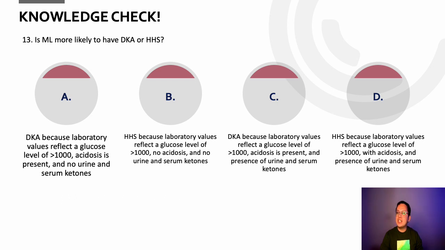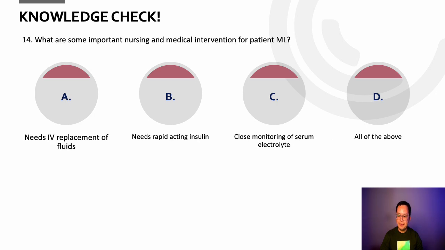B. HHS because laboratory values reflect a glucose level of greater than 1000, no acidosis, and no urine and serum ketones. C. DKA because laboratory values reflect a glucose level of more than 1000, acidosis is present, and presence of urine and serum ketones. D. HHS because laboratory values reflect a glucose level of greater than 1000 with acidosis and presence of urine and serum ketones. A, B, C, or D, number 13.